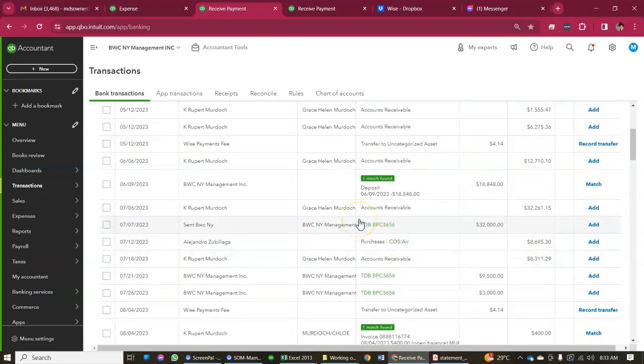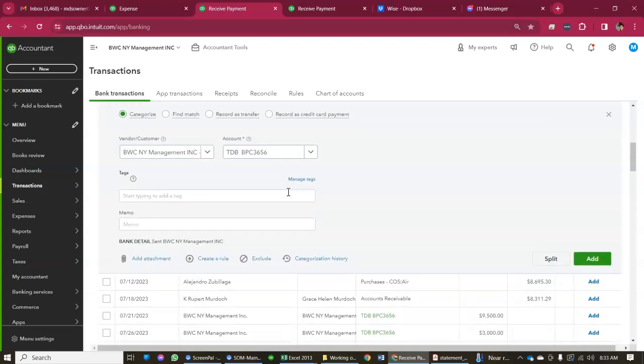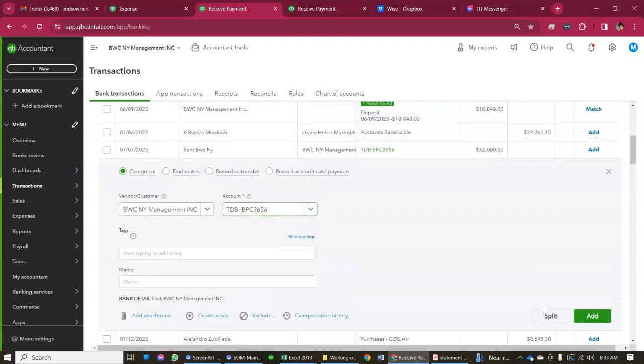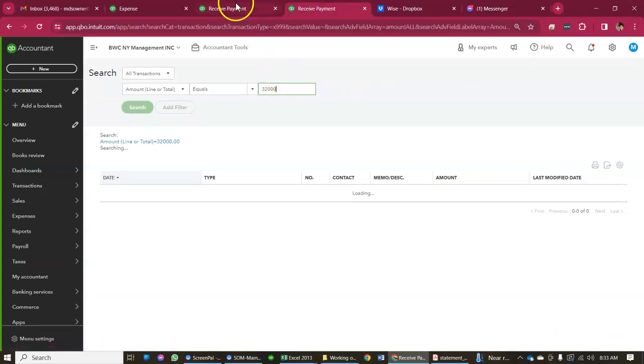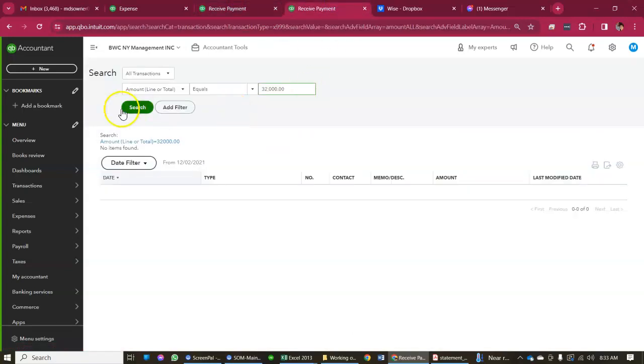And what else? Yeah, this one is supposedly, I think this must be coming from the 6748, 32,000. Let's try to find the 32,000. What date was that? It was 7/7. There's none.